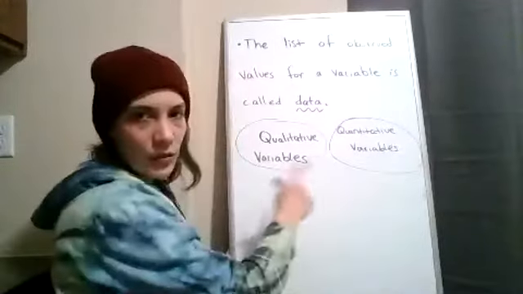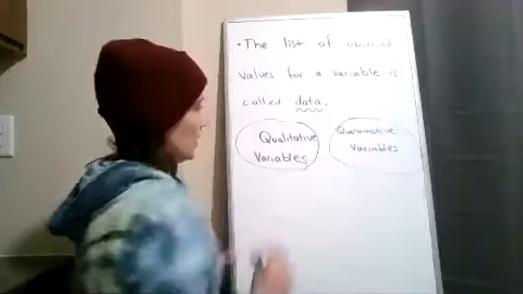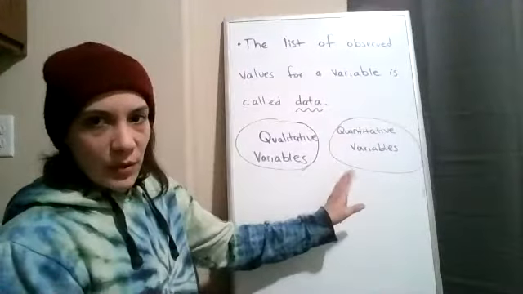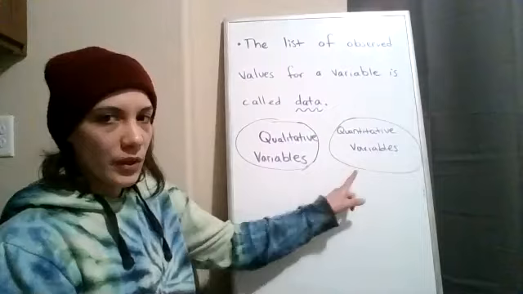So actually, there's no overlap. Let me kind of switch this over here. So different types of variables. This kind of variable, quantitative, can be discrete or continuous.